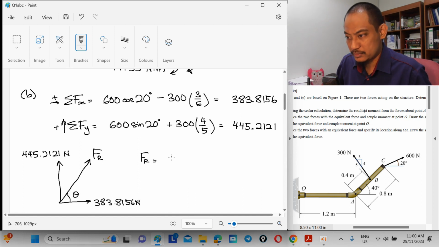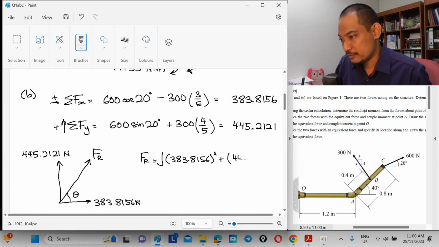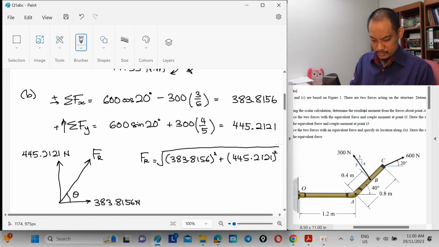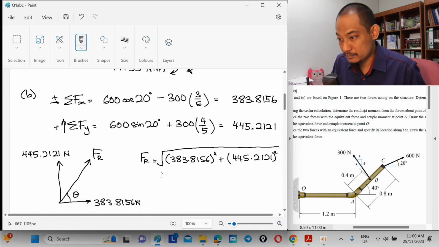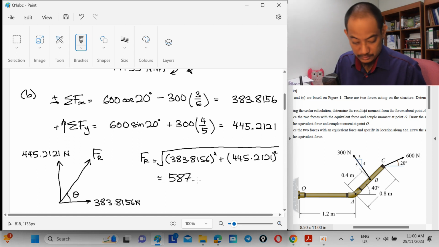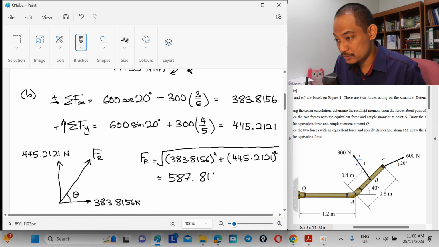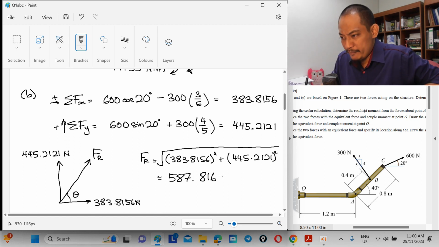FR is square root of 383.8156 squared plus 445.2121 squared, which is 587.816 Newton.